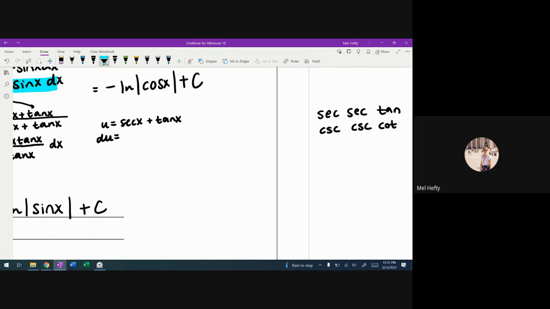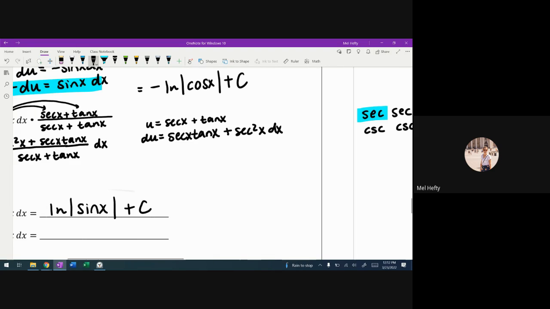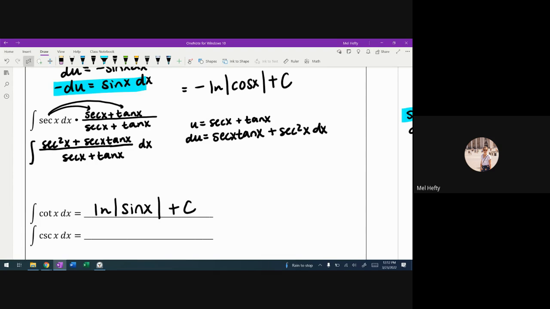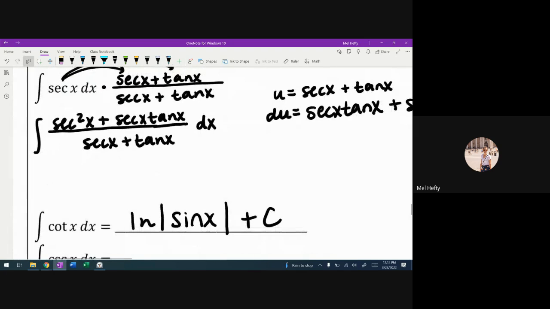All right. So if we want the derivative of secant, you use the other two on that line. So what's the derivative of secant? Secant x tangent x. If you want the derivative of tangent, you do the other stuff on that line. So what is it? Wow. Wait, that looks really familiar. It's the entire numerator.